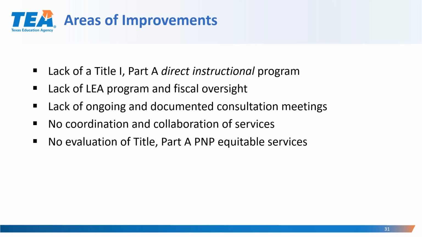In addition, there was no coordination or collaboration of equitable services with the private school. And then there were some private schools that were not given the opportunity to have an evaluation of their Title I Part A services. As an LEA, it must monitor and evaluate the Title I Part A Equitable Services Program.